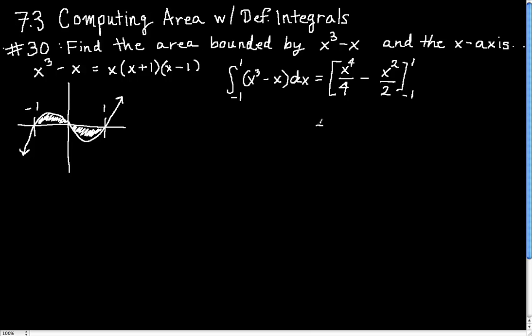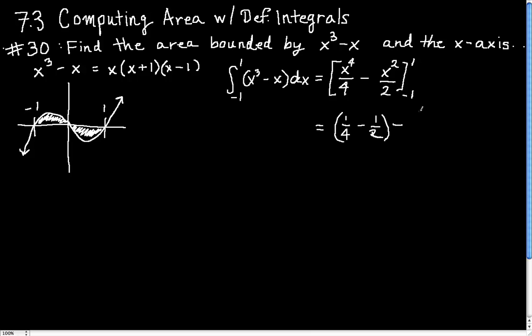And I want to evaluate this at -1 and 1. If I evaluate this expression at 1, 1 to the 4 over 4 is just 1 over 4, minus 1 to the 2 over 2, which is 1/2, and then I subtract the function evaluated at the other endpoint.